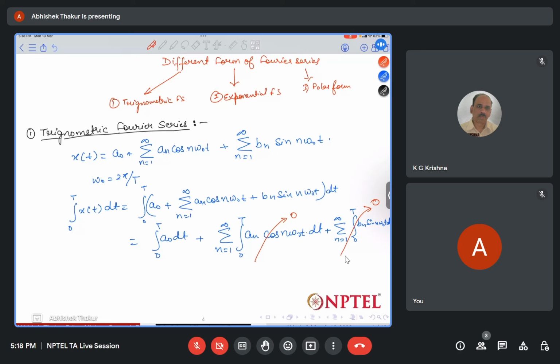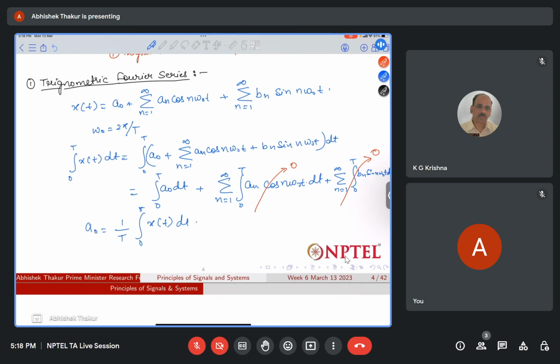And a naught is a constant, so it will come out, so it will be a naught into T. So our a naught will be 1 by T integration of x(t) over the time 0 to T dt. So in this way, this coefficient a naught is also known as the DC component of the signal.